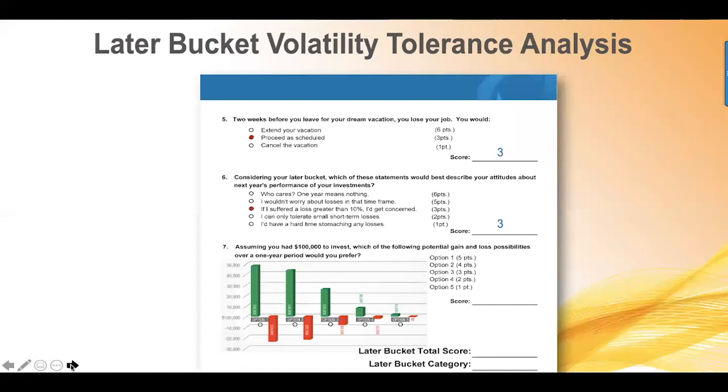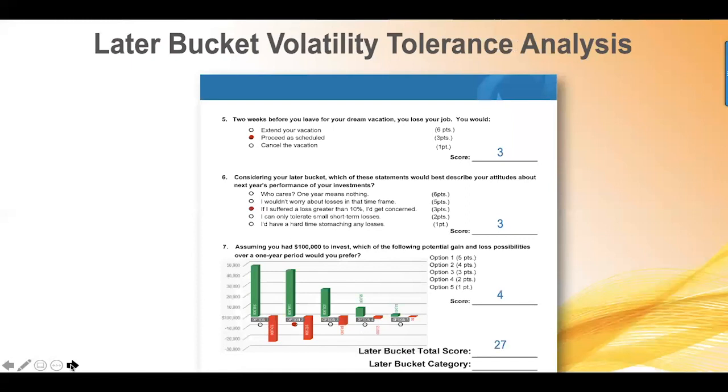I think just looking at this, option number 2 looks good for our later bucket. Not the highest, but certainly we can afford to take on the potential for some downside with that higher upside because, as you mentioned, it's our later bucket. Good, great.